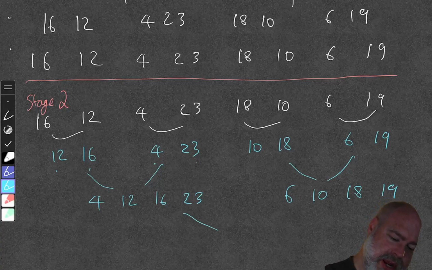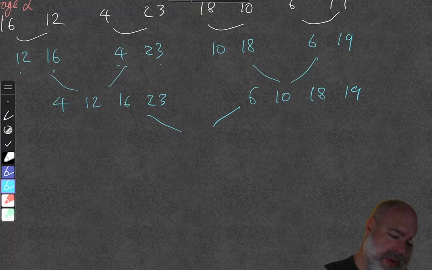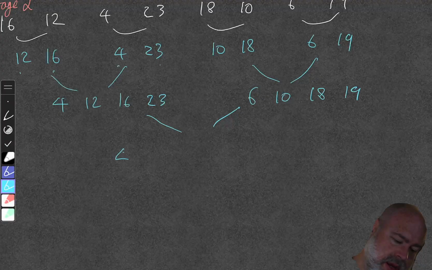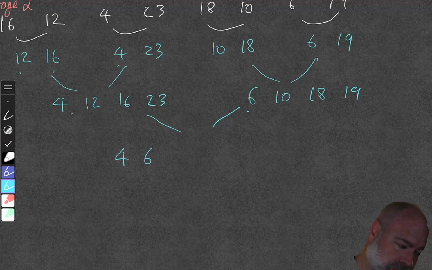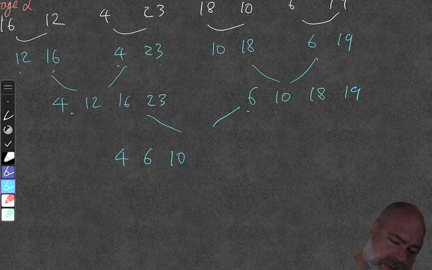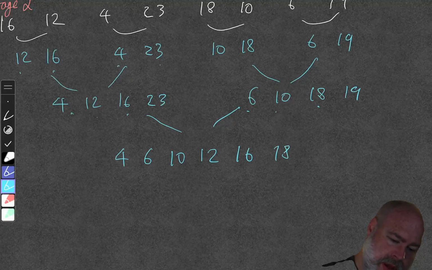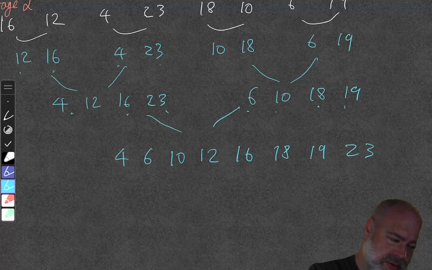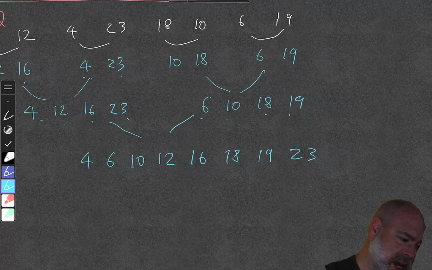And then finally, it's going to put all of these back together again as one list. And so you need to take the 4 from here, the 6 from here, the 10 from there, 12 from there, the 16 from there, 18 from there, the 19 from here, and the 23 from there.